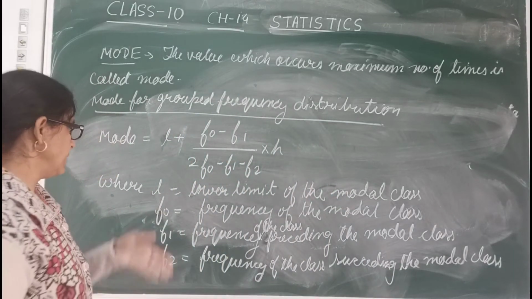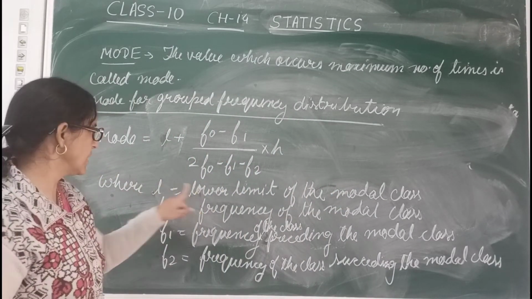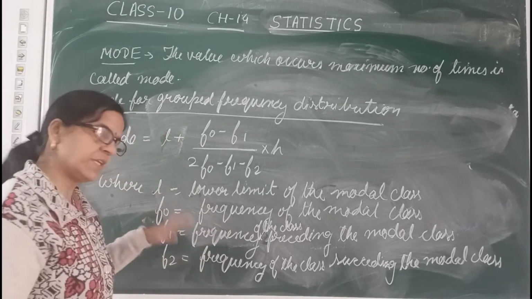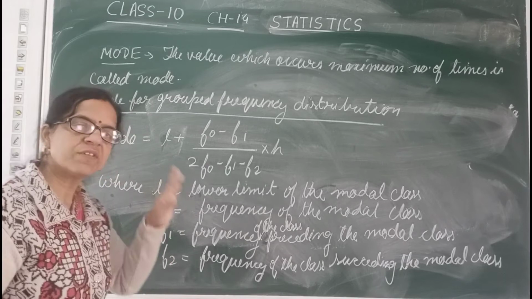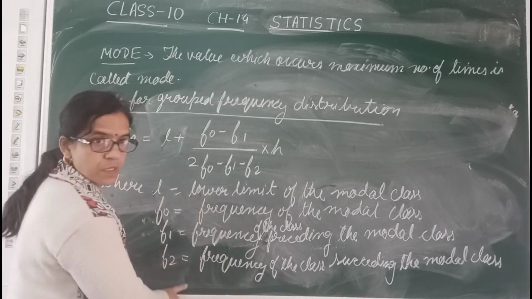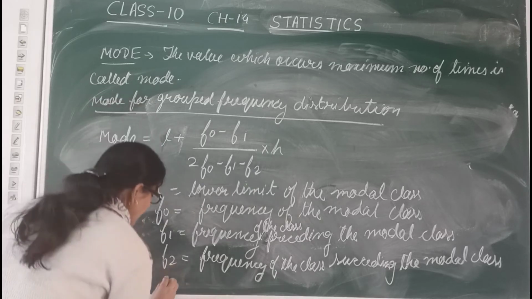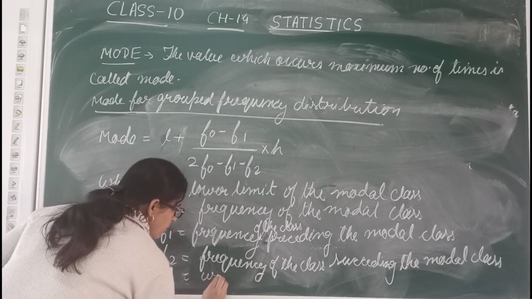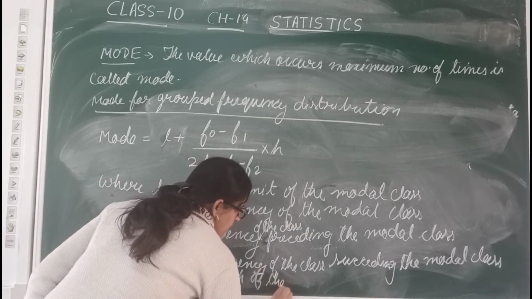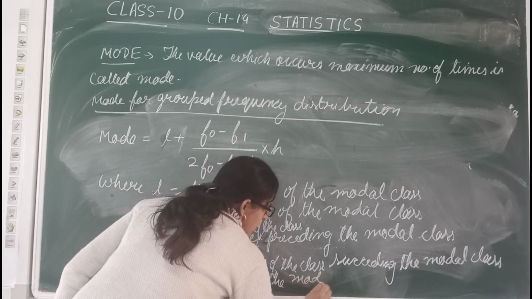So again I am repeating, L equals lower limit of the modal class, F0 is the frequency of the modal class, F1 frequency before and F2 frequency after. And H equals the width of the modal class.